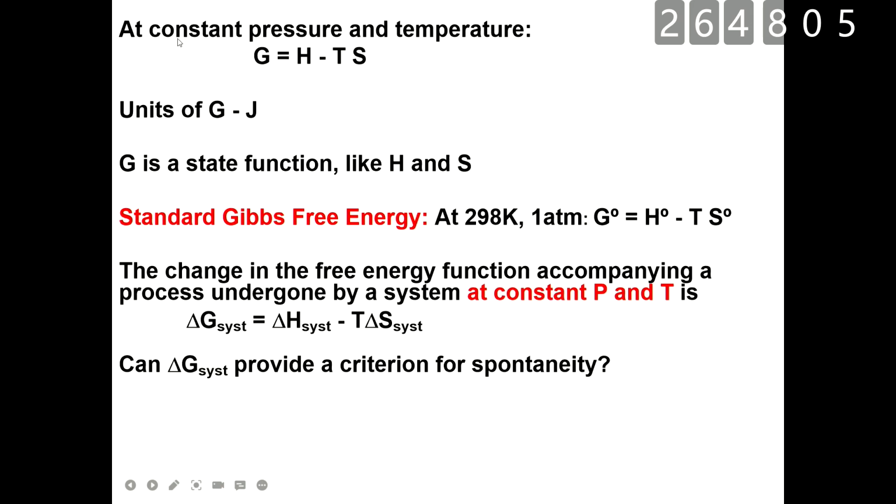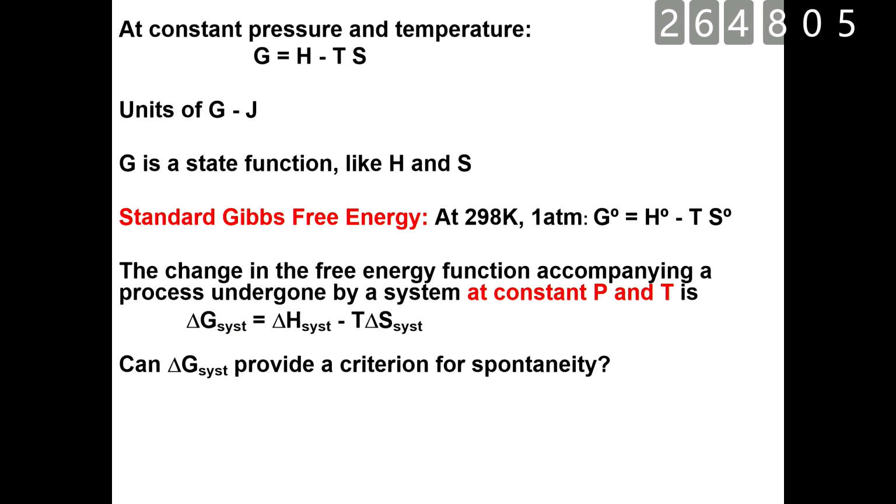G is a quantity defined at constant pressure and temperature: G equals H minus TS. You should remember this equation. What is Gibbs free energy? The Gibbs free energy is equal to enthalpy minus the temperature times the entropy.